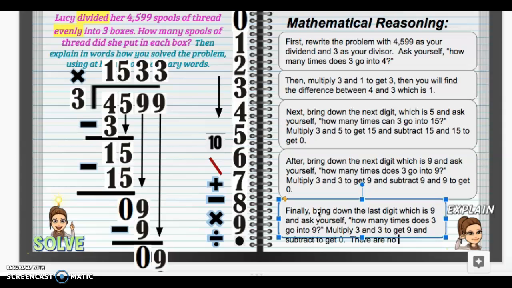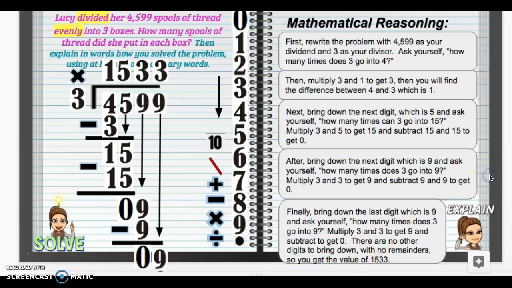There are no other digits to bring down with no remainders, so you get the value of 1,533. Okay, and then I will put that down, and then you are done with your math problem.